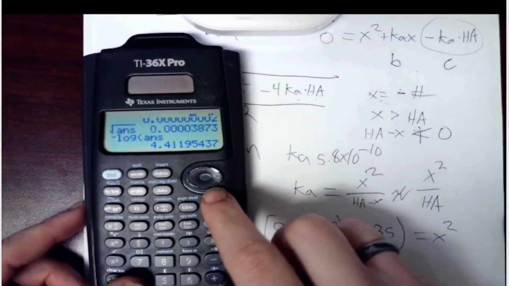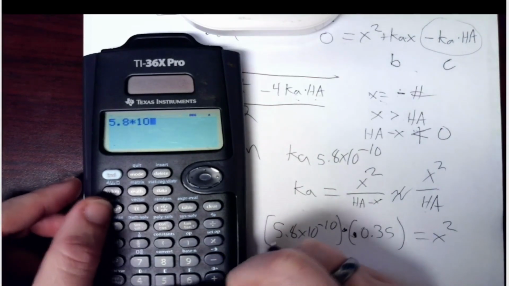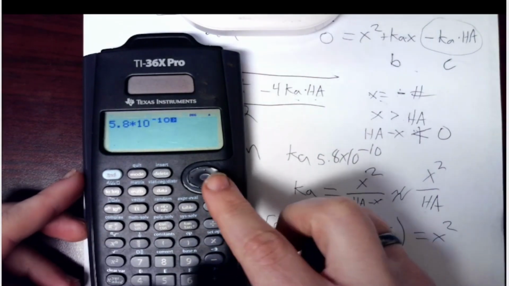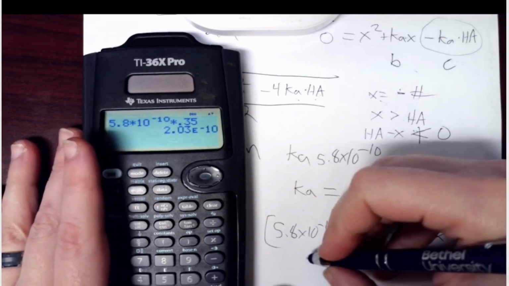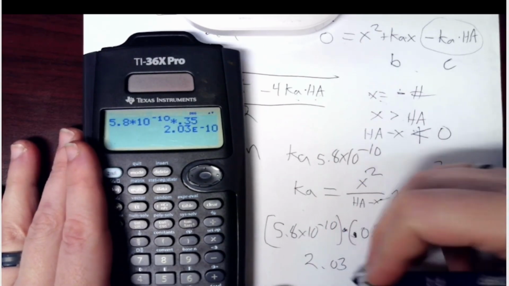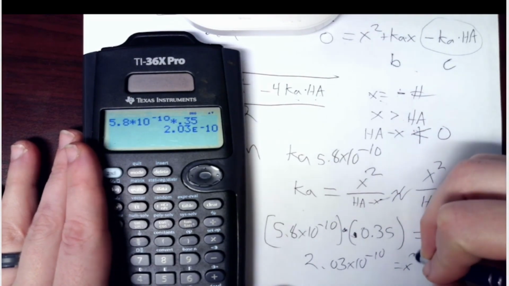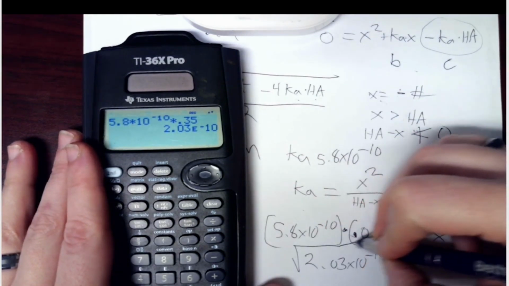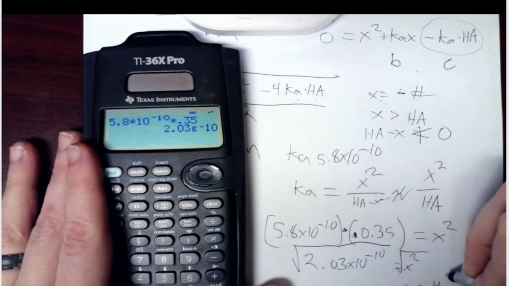So let's do that. 5.8 times 10 to the negative 10 times 0.35, and that's going to be equal to x squared. So that's 2.03 times 10 to the negative 10th. We've got to square root that, because that will give us x, and x is equal to our H+.